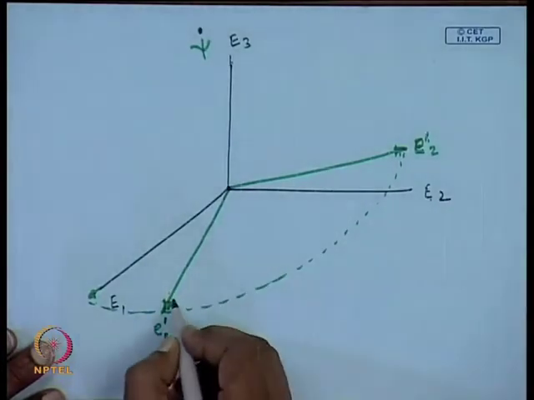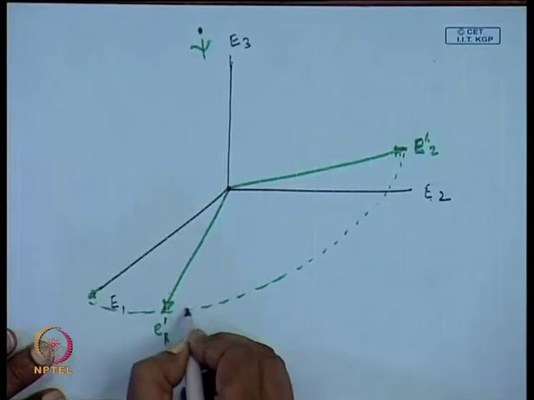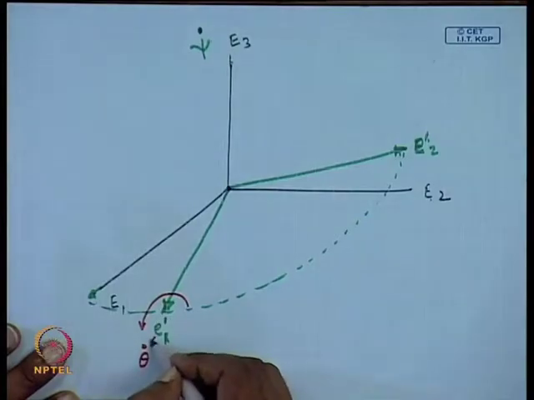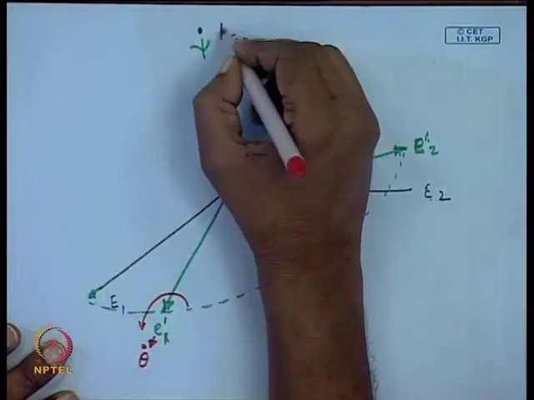Okay. Next, the rotation we gave about this x by theta. So, theta dot can be shown along this direction, and this is the direction for psi dot.